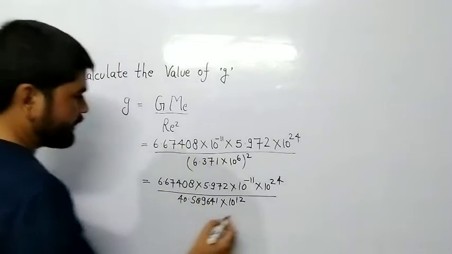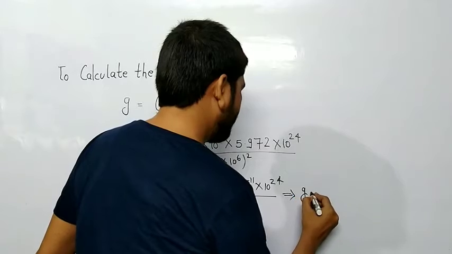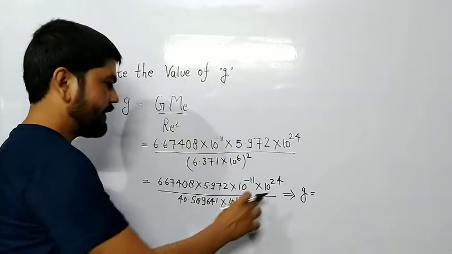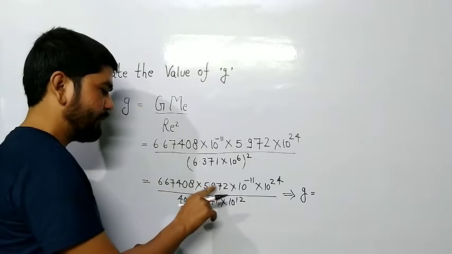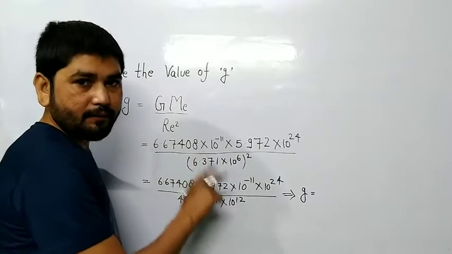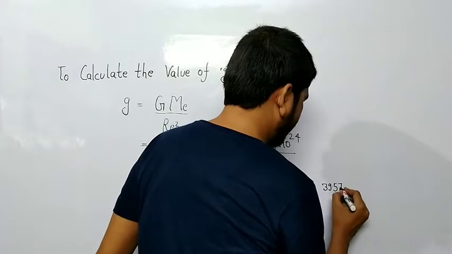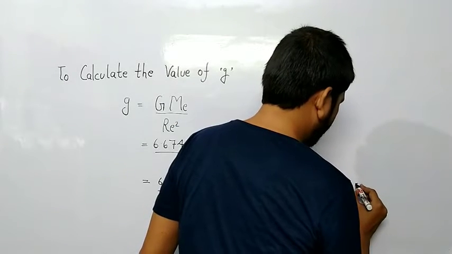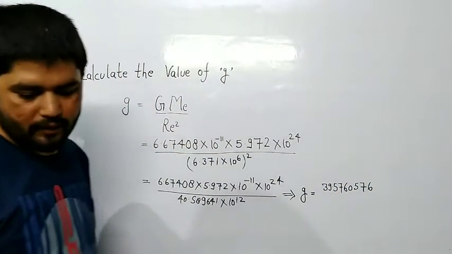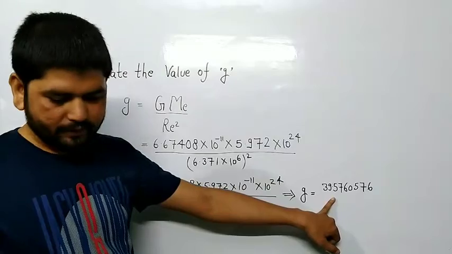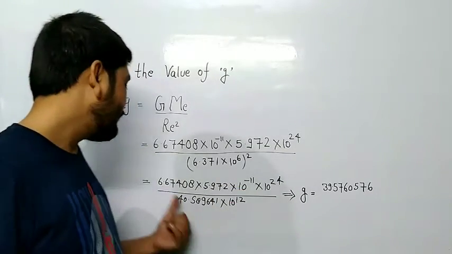It implies that g is equal to, when you multiply these two, 6.67408 into 5.972, it will come 39.5760576. This is the product.